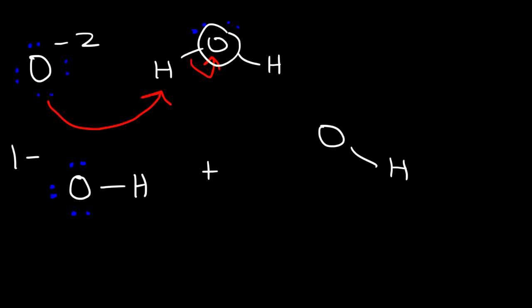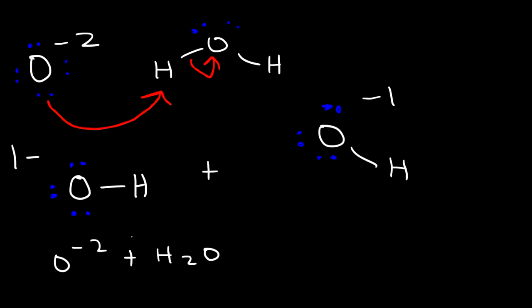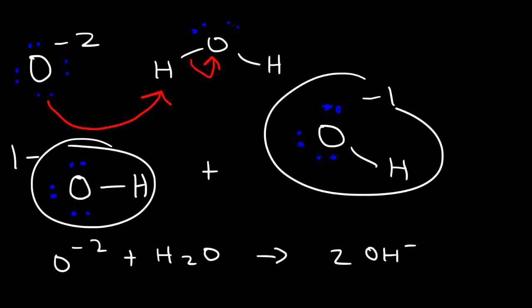Now this oxygen, it lost a hydrogen, so now it has 1, but it gained a lone pair, as indicated by this red arrow. So now it has a -1 charge. So as you can see, whenever you mix oxide in water, if it's not bonded to anything, it's going to produce 2 hydroxide ions.